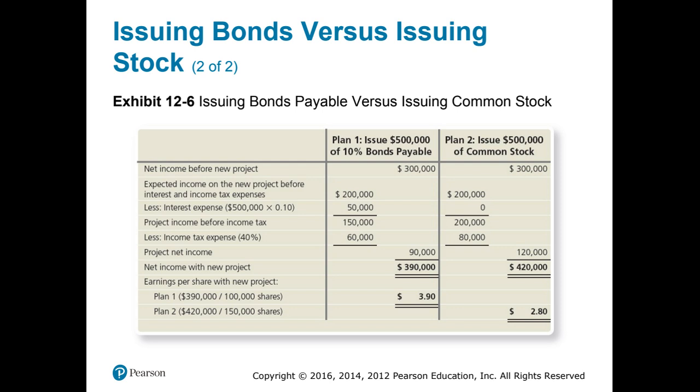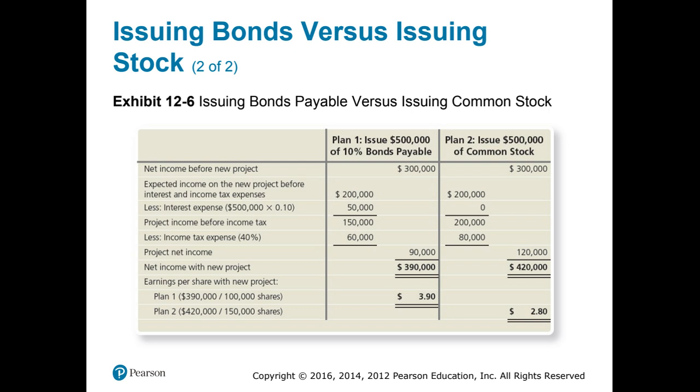Our expected income on the new project before interest and income tax expense is 200,000 for both. Then we have to take out our interest expense, which would be 50,000 with plan 1. So now our project income before income tax for plan 1 is lower.